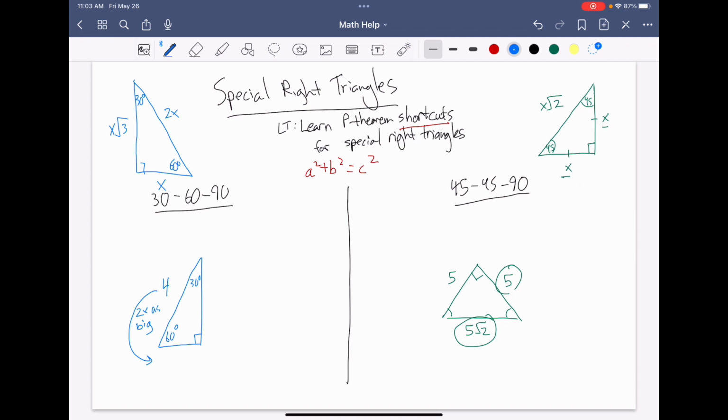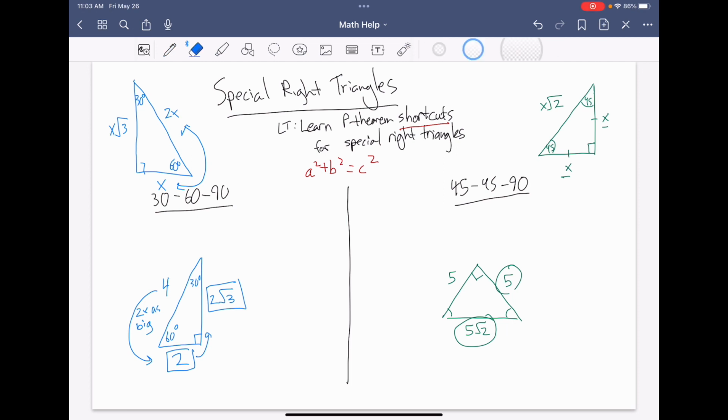So the hypotenuse is twice the size of the shorter leg, so that means that the shorter leg is going to become 2. And once I have what this is, I can figure out what the other leg is, which is 2 square root 3. So that one, we had to adjust a little bit, and we had to analyze this relationship to see how, if we want to go from the hypotenuse down to the shorter leg, we have to cut that in half. So that's what made that a medium level problem.